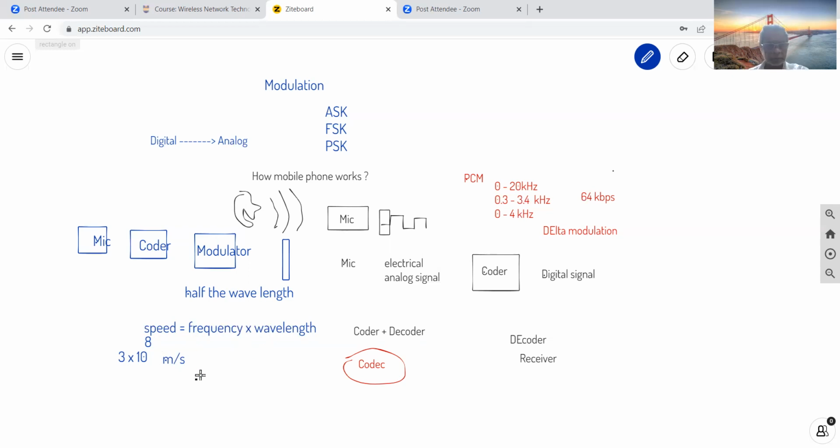Now suppose the signal is 1 kilohertz. What is the wavelength?